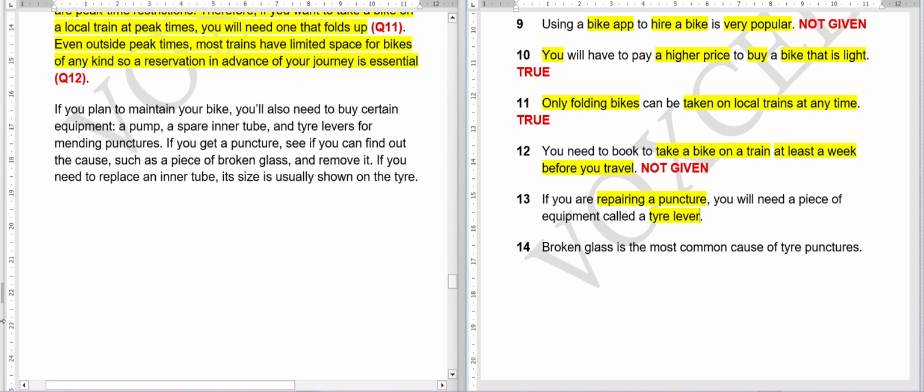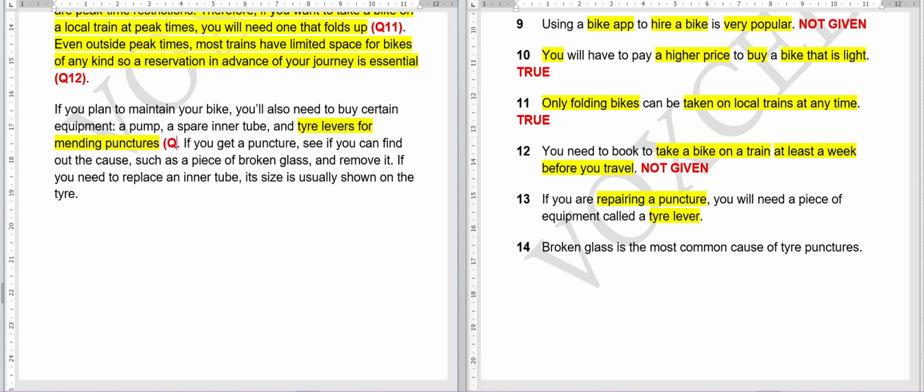If you plan to maintain your bike, you will also need to buy certain equipment: a pump, a spare inner tube, and tire levers for mending punctures. So here they are given. So now you will have around 10 seconds. Tell me the answer, and the answer I believe is quite straightforward. The time starts now.